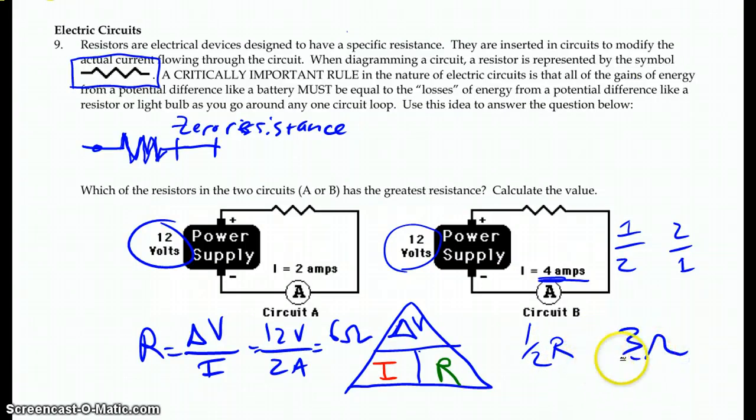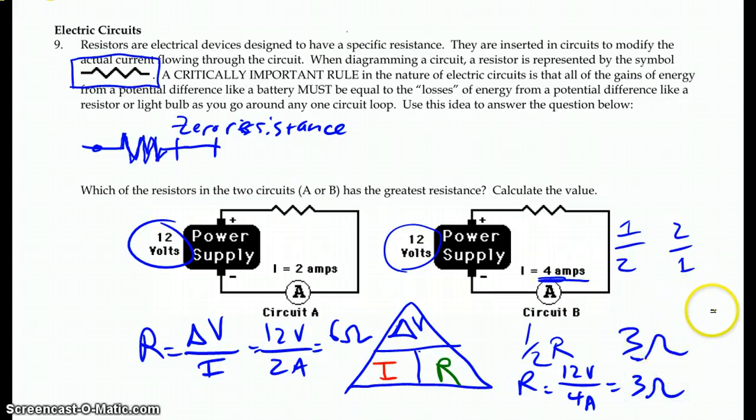Well, let's check that idea using the equation, but don't think you have to do an equation every time. Just try to think, relate, compare things to each other. So we're going to have R equal to delta V over I, so 12 volts over 4 amps. Oh, look at that. It's 3 ohms. We were right.